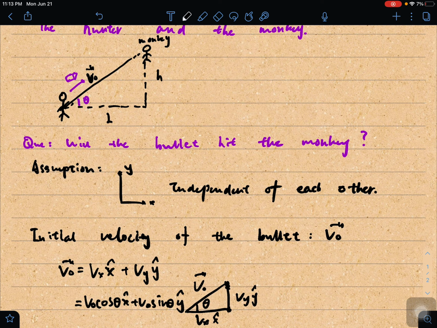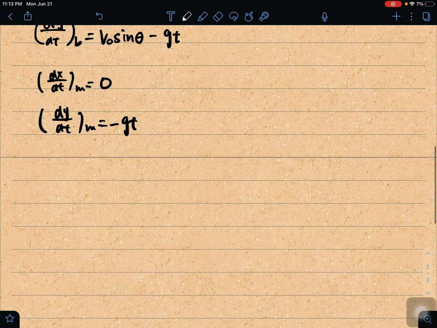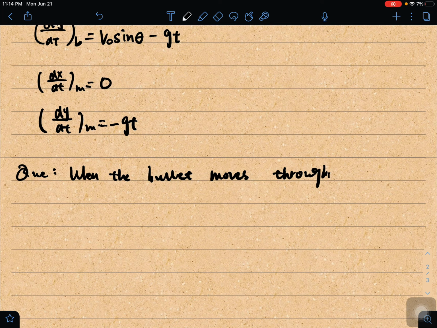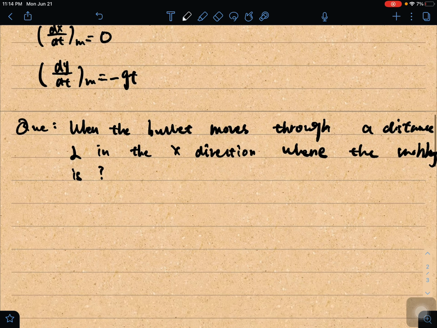If they are at the same position, then the bullet hits the monkey. If not, it will miss the monkey, right?